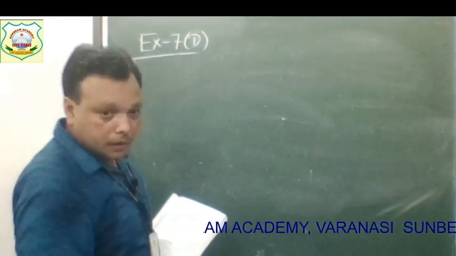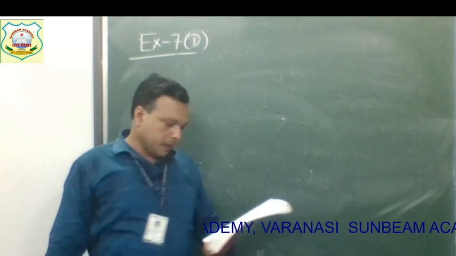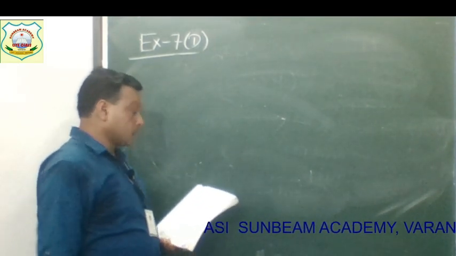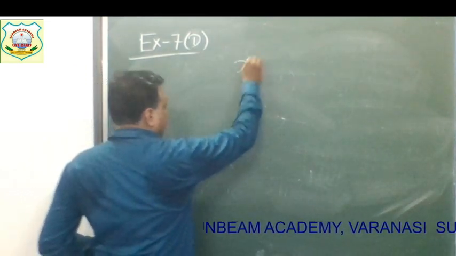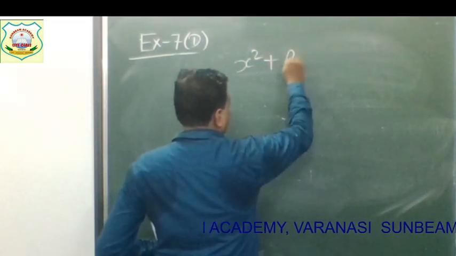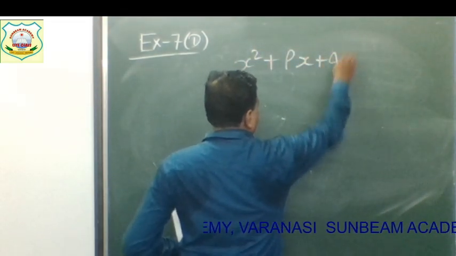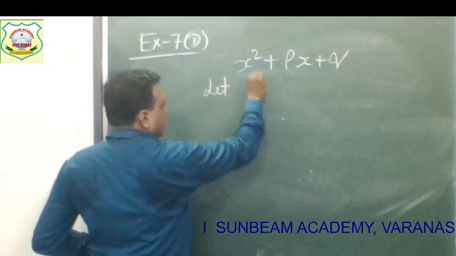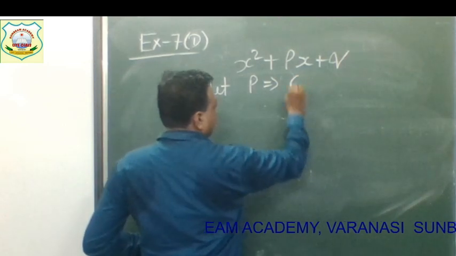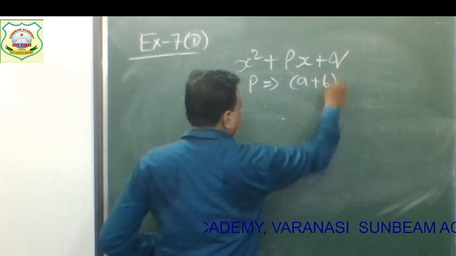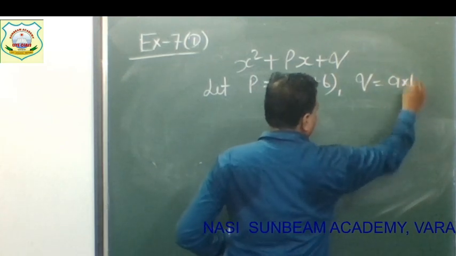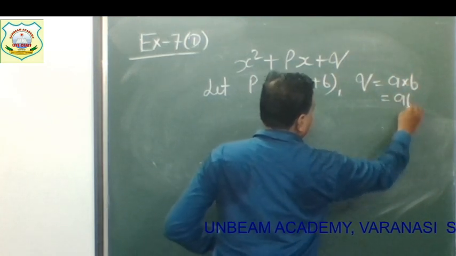In 7d, you can see your book, the page number is 101. Factorization of quadratic trinomials. This is a form of x square plus px plus q. Let us take p as a plus b and q as a multiplied by b, that is ab.